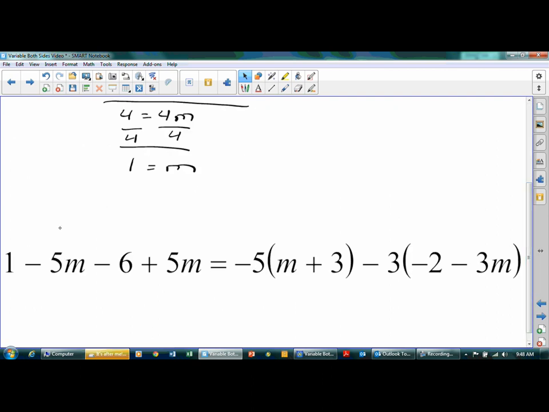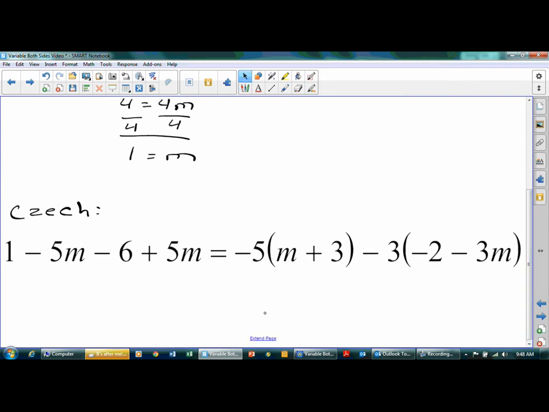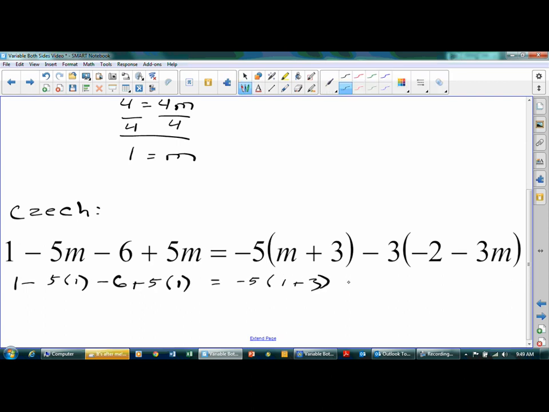Okay, so we're going to do our check. That's 1 minus 5 times 1, minus 6 plus 5 times 1 equals negative 5 times 1 plus 3 minus 3 times negative 2 minus 3 times 1.